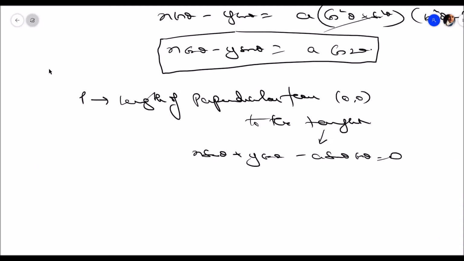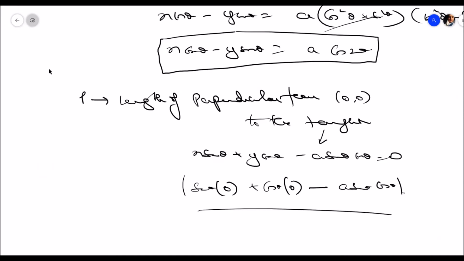So the form ax plus by plus c, right, from 0, 0: modulus of sine theta into 0 plus cos theta into 0 minus a sine theta cos theta divided by root over sine square theta plus cos square theta, that is p.